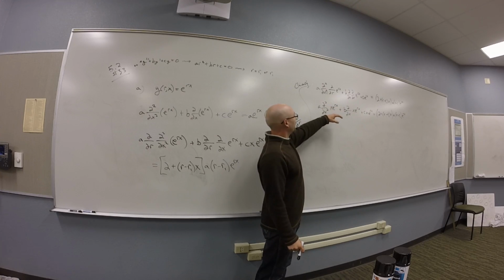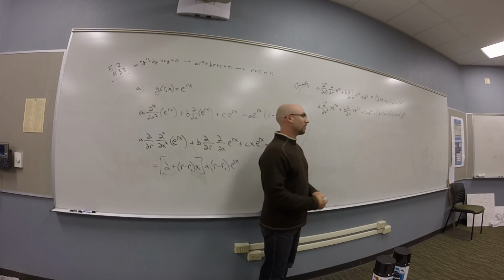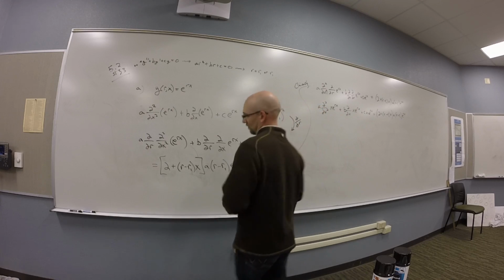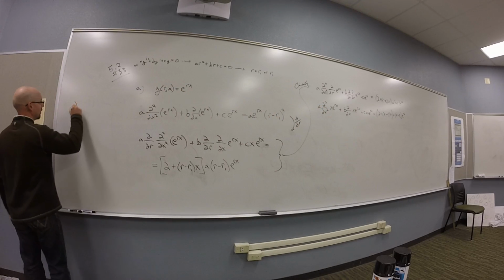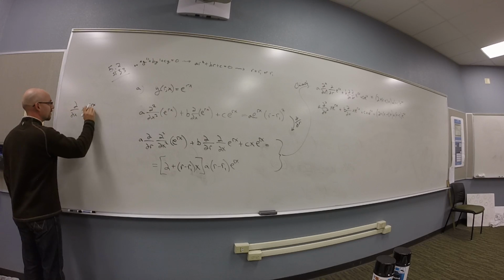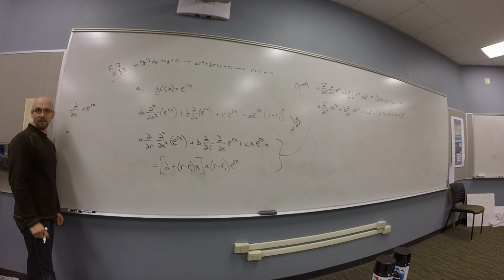Okay, at any rate, now I need to calculate these two partials. Let me do that over here. Partial with respect to x of x e to the rx. You need the product rule, right?